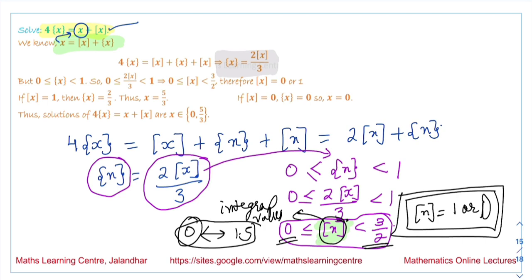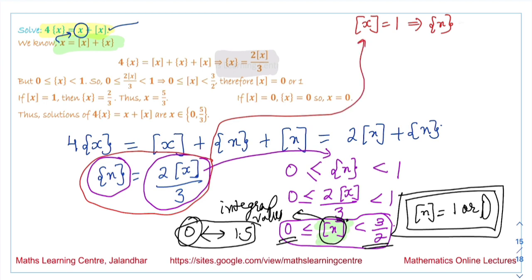So if we substitute the value of the greatest integer of x equal to 1 in this formula, the value of the fractional part will be equal to 2 by 3. And if we put the value of the greatest integer as 0, then the value of the fractional part of x will be equal to 0.